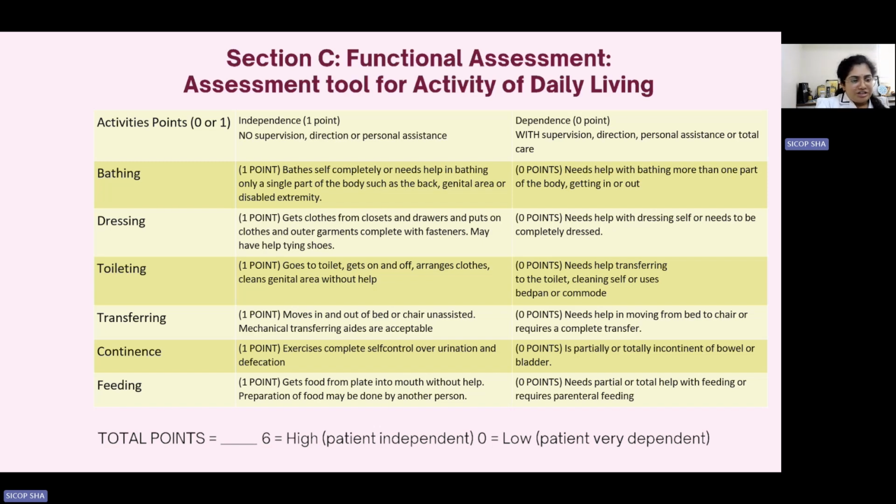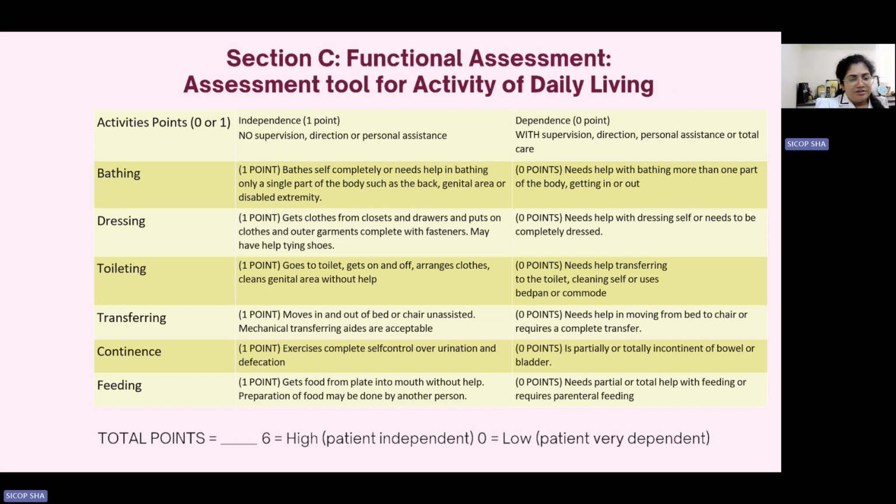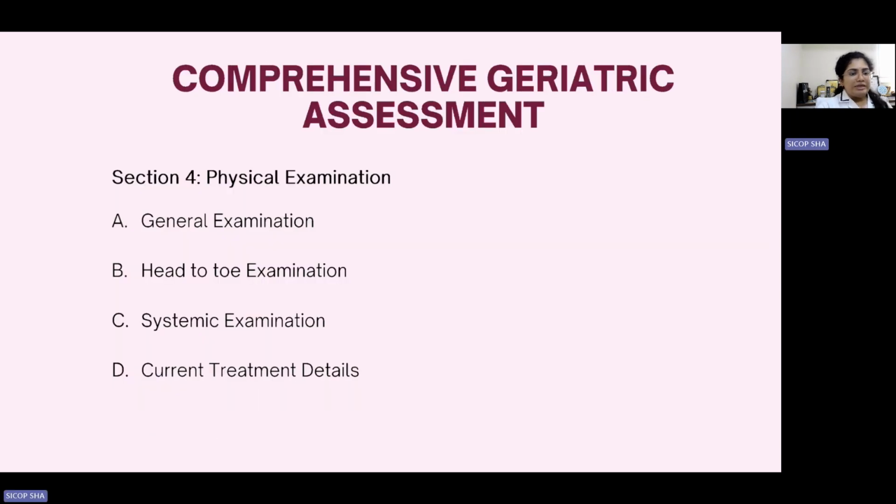Feeding: 1 point if they get food from the plate into the mouth without help; preparation of food may be done by another person. 0 if they need partial or total help with feeding or require parenteral feeding. The total is 6 points. If the patient scores all 6, they are independent; if the score is all 0, the patient is very dependent.